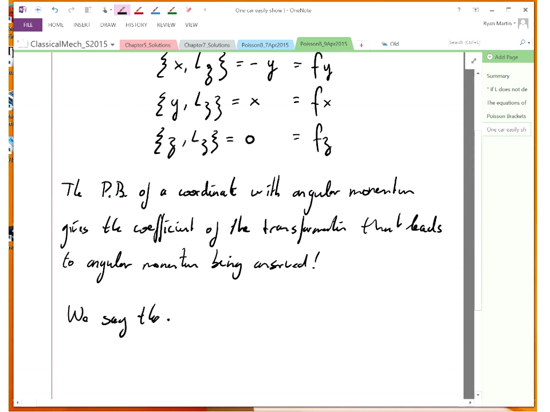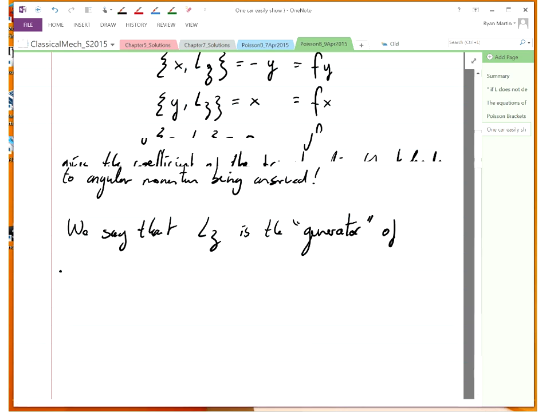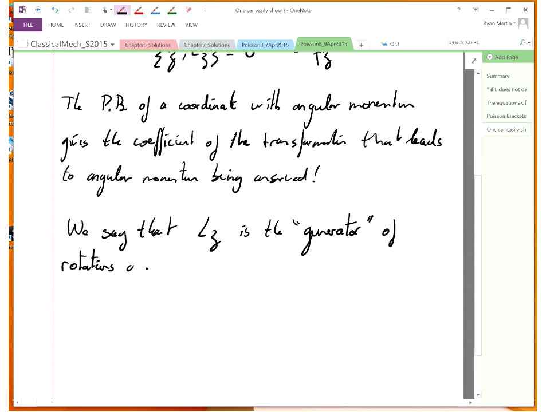We say that LZ, angular momentum about the z-axis, is the generator of rotations about the z-axis. And that's a very interesting result.